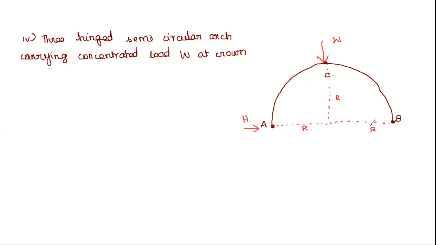And the reactions are horizontal thrust and vertical shear, that is VA and VB. Now the result obtained is H is equal to VA is equal to VB is equal to W by 2. So the horizontal thrust and the vertical shear in this case will be same and it will be equal to W by 2.